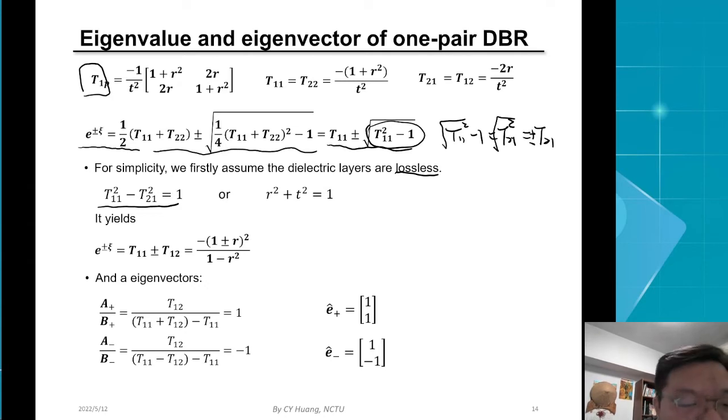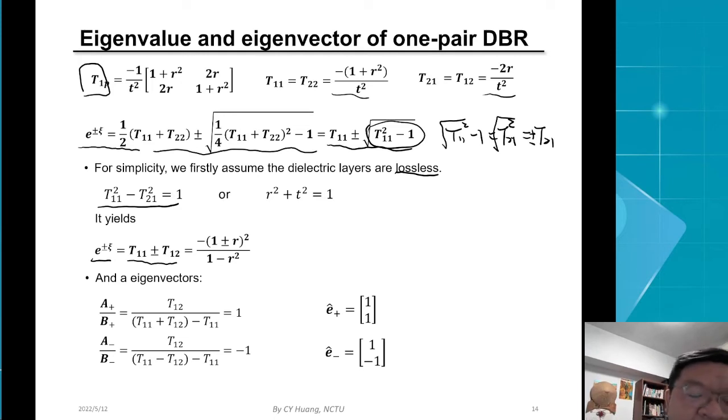Alright, so the exponential plus or minus, with a different sign, will actually be equal to T11 plus or minus T12. Then we can further put in T11 and T12 here.